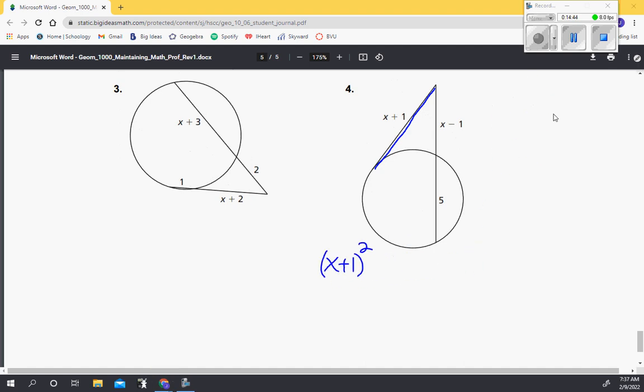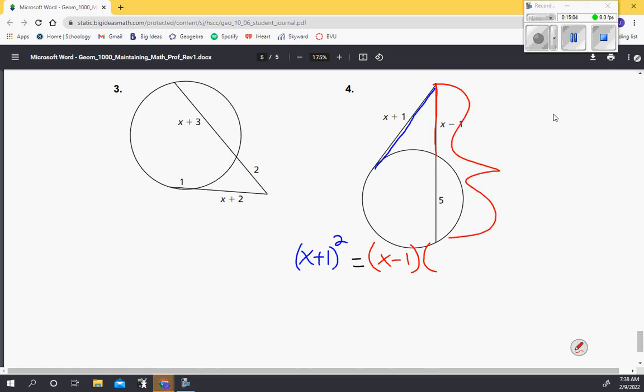We're going to write everything down here. Okay? This is equal to x minus 1. That's our first part. Times x minus 1 plus 5.